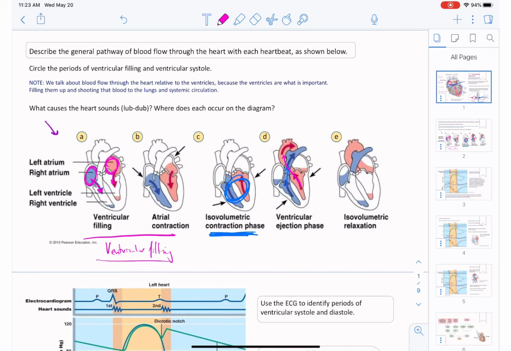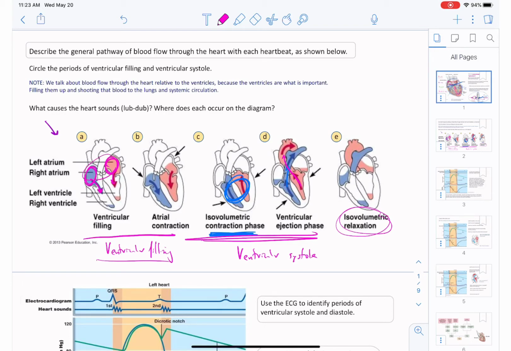And so these two figures right here represent ventricular systole. And then the ventricles reset themselves. And that's one heartbeat. So blood moves during one heartbeat.